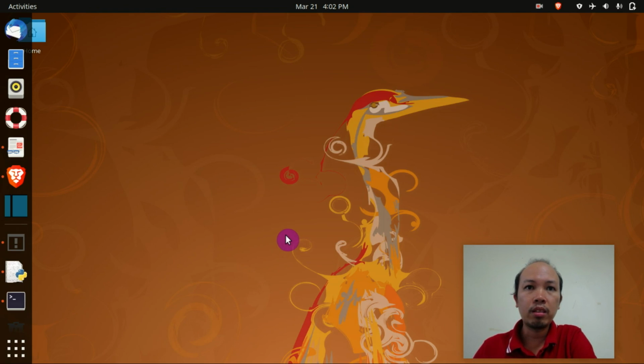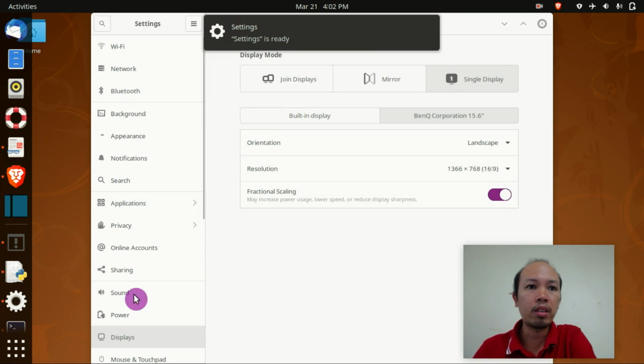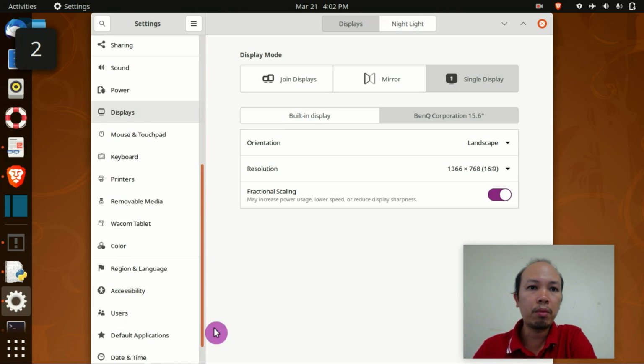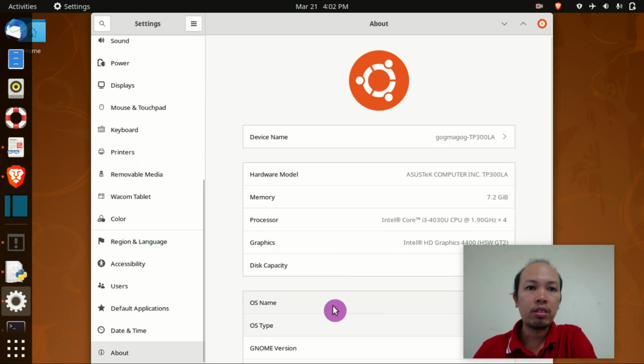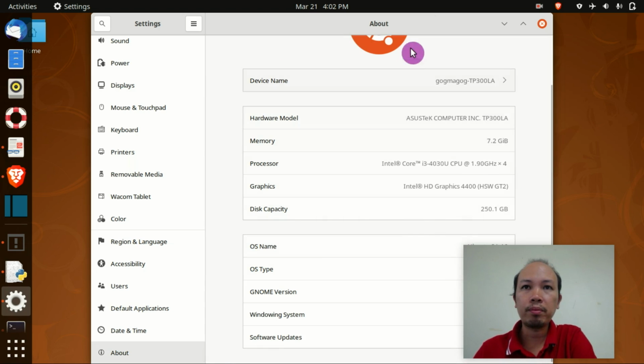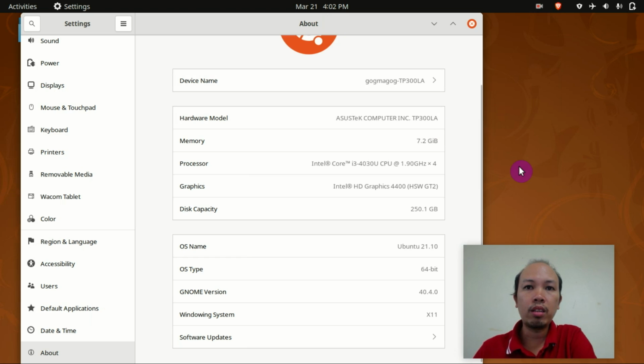In the Windows operating system, you can right click My Computer and then go to Properties, maybe, I forgot, and check what type of operating system your computer has. For me, I have here a 64-bit operating system.